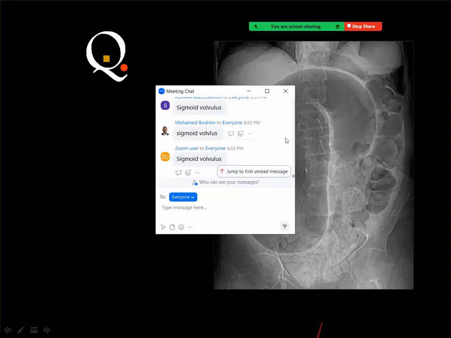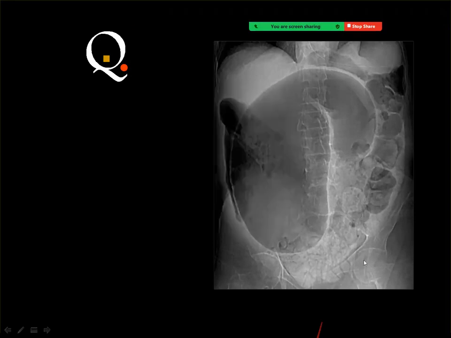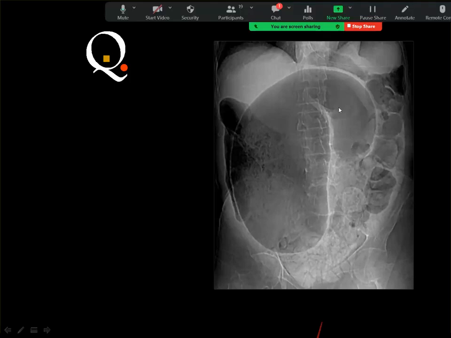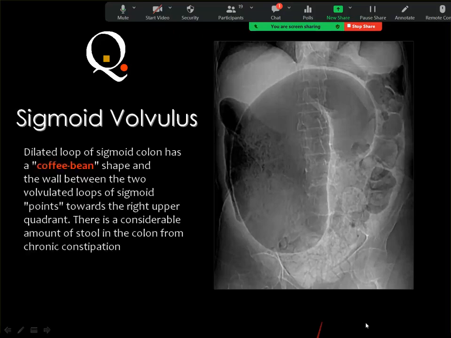Yes. This is an easy diagnosis, and you got the coffee bean sign. The sigmoid colon is markedly or hugely dilated and bent on itself, and the two loops are forming the characteristic coffee bean sign, and this should not be mistaken in the plain film for any other diagnosis.